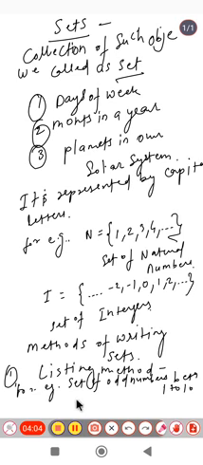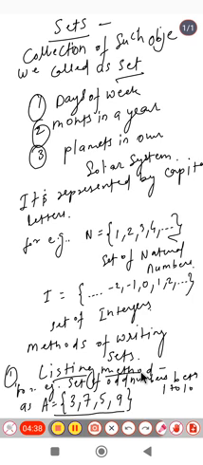So we can write set A equals to, so the odd numbers are 3, 7, or we can write 5 here, and 9. So in this way we write; the first one we call a listing method. Understand?